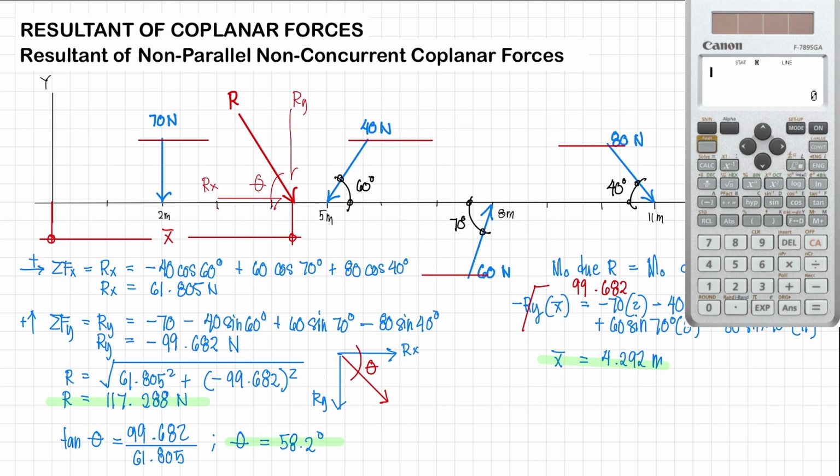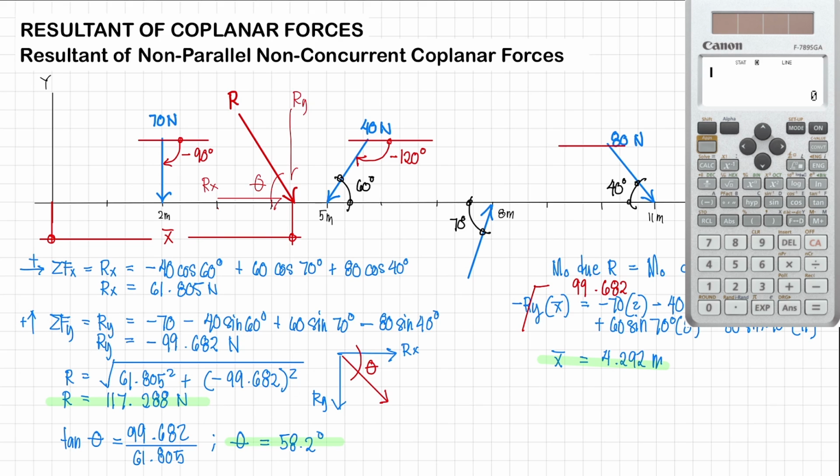So from the horizontal, this one is going to be negative 90 degrees. This one is going to be 60 degrees. Therefore, this is going to be 180 minus 60 degrees or negative 120 degrees. Right? And then for this one, let me just erase this.